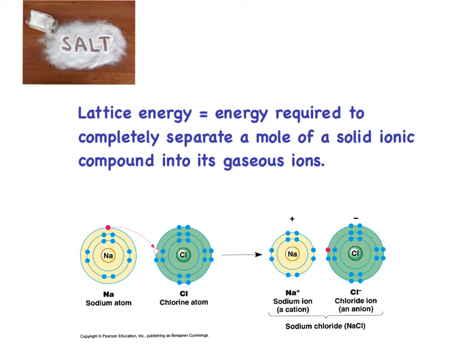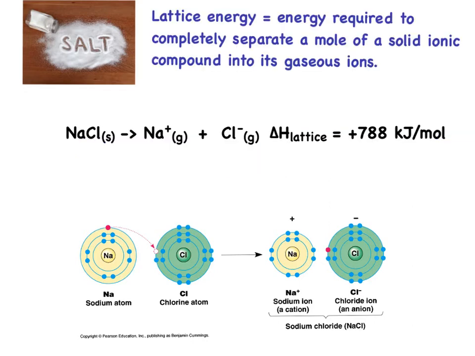And that would be for 1 mole of the compound. If we blast it back into sodium ions and chloride ions, the amount of energy it's going to take is 788 kilojoules per mole of salt.